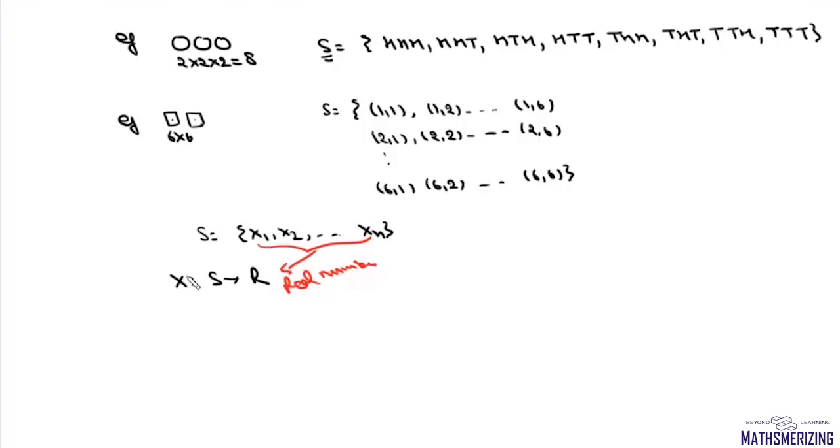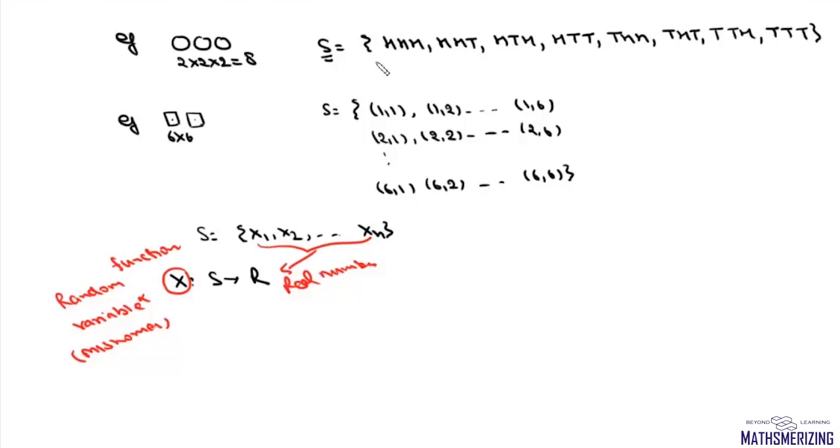So basically, this term random variable is a misnomer because it is not a variable, it is actually a function. So a random variable is actually a function which associates sample points to some real number.